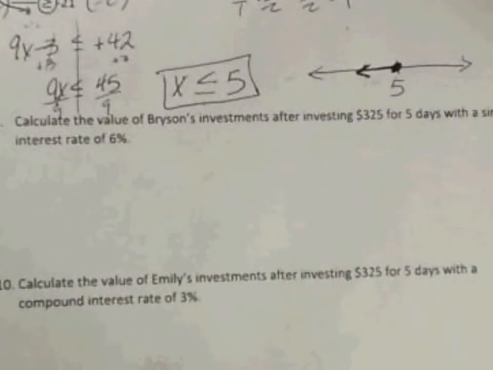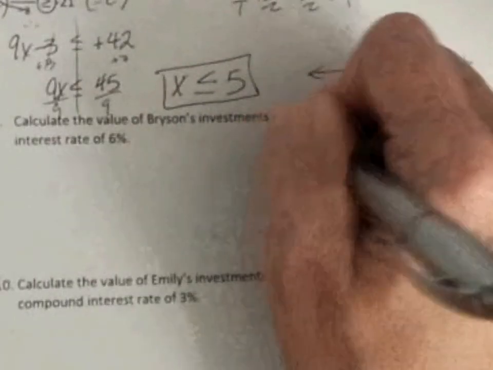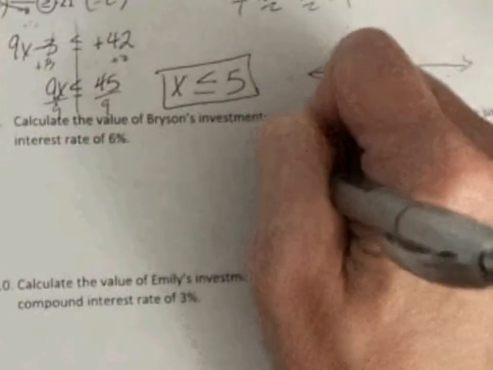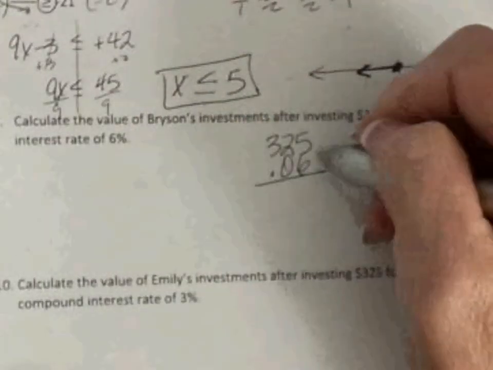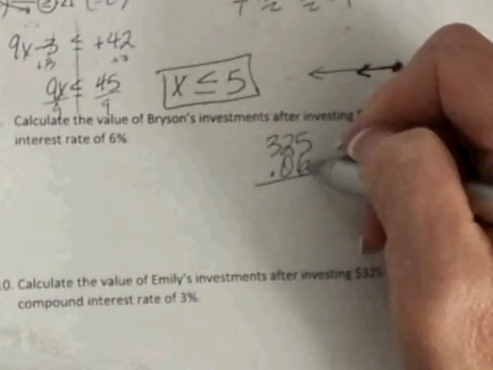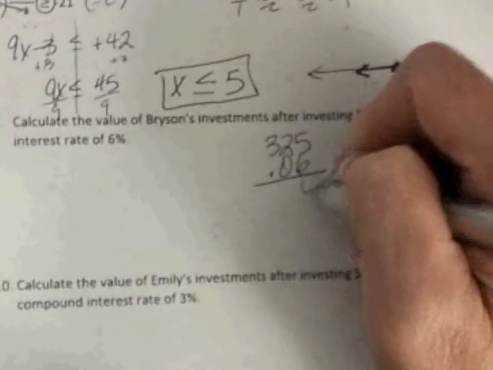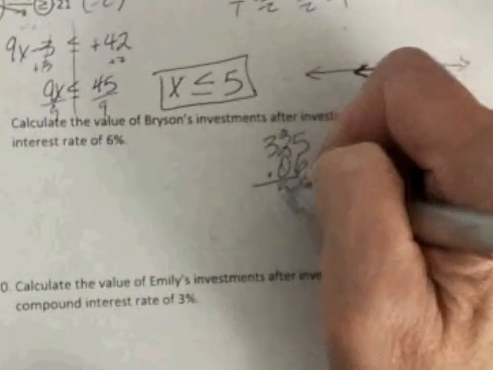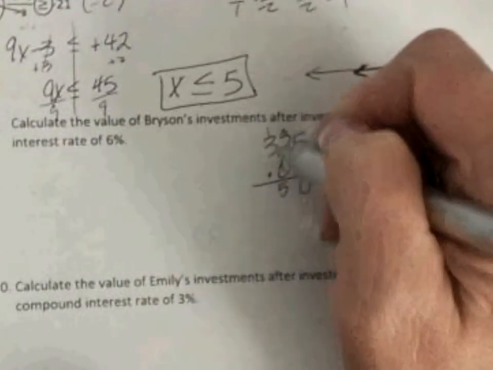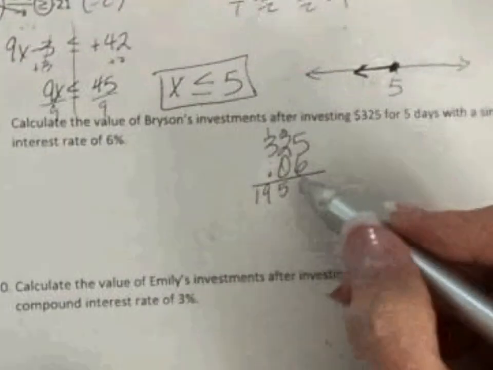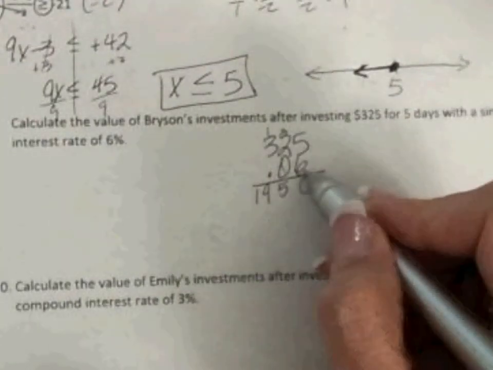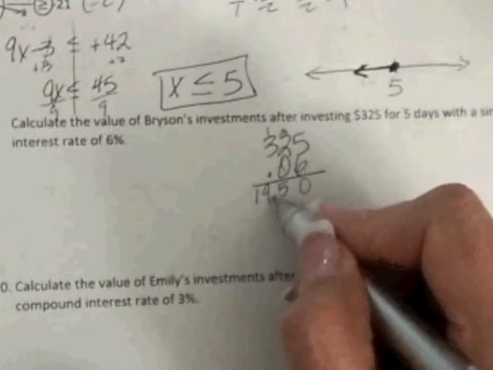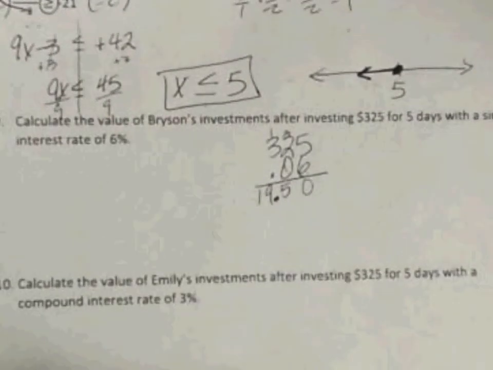So we have 325 times 0.06, 5, so 6 times 5 is 30, 12, 13, 14, 15, and I'm just multiplying. I have 2 numbers after the decimal. I move my decimal 2 places that way.